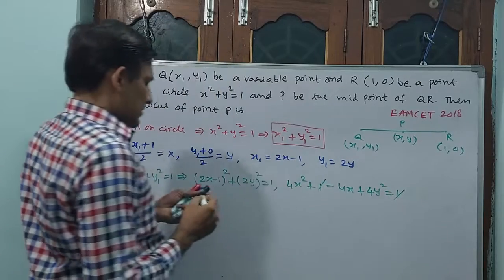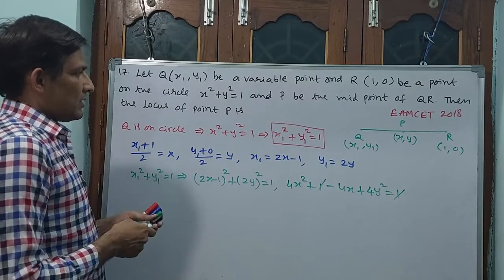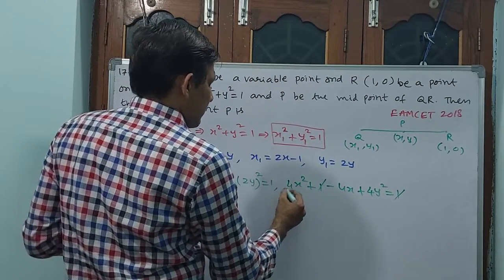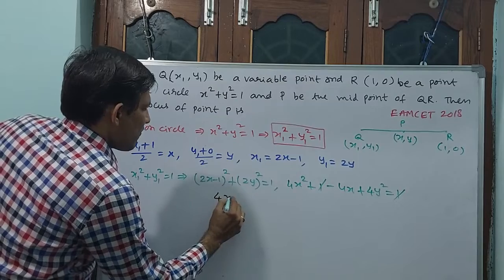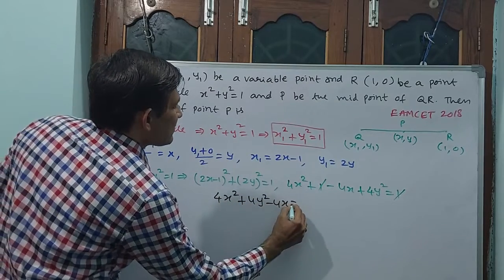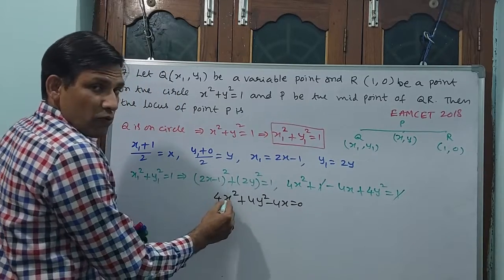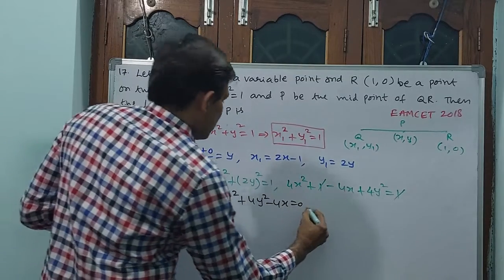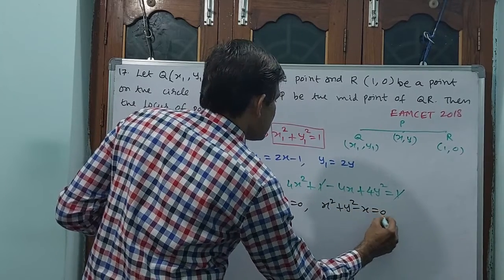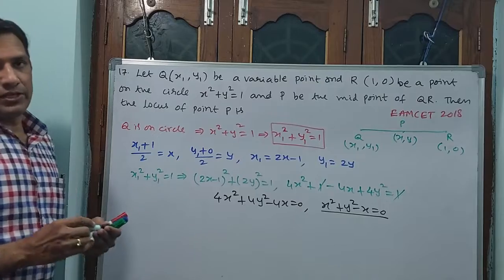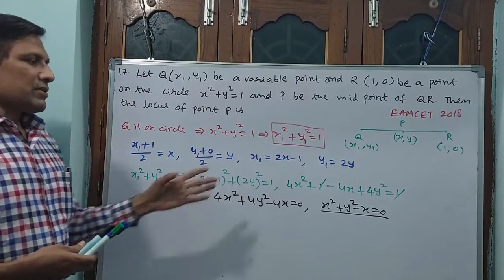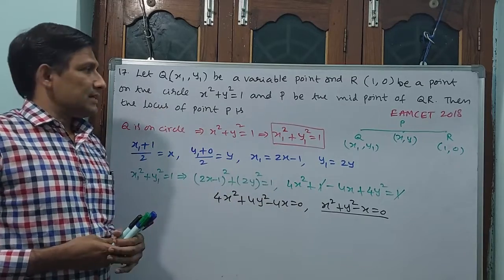The 1 you cancel out. Then 4x square plus 4y square minus 4x is equal to 0. Take 4 common and cancel out. That means x square plus y square minus x is equal to 0. This is the locus for this question: x square plus y square minus x is equal to 0 is the answer.